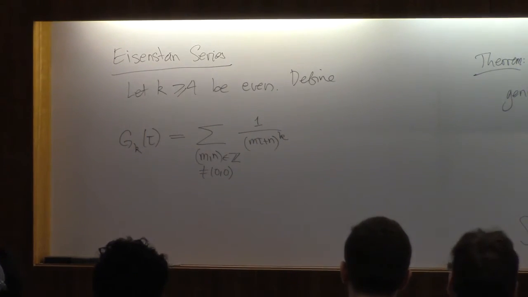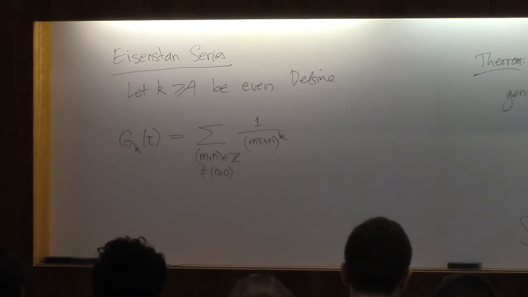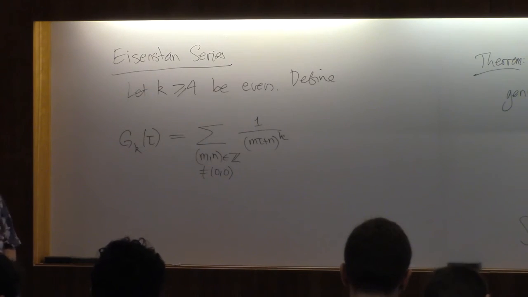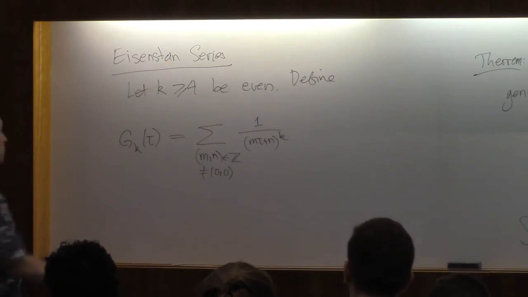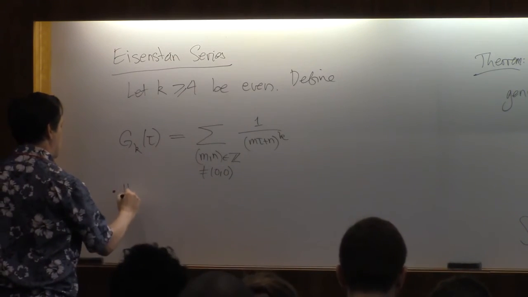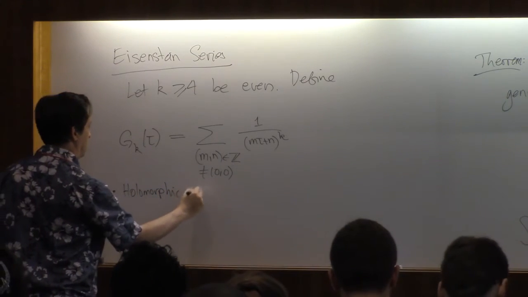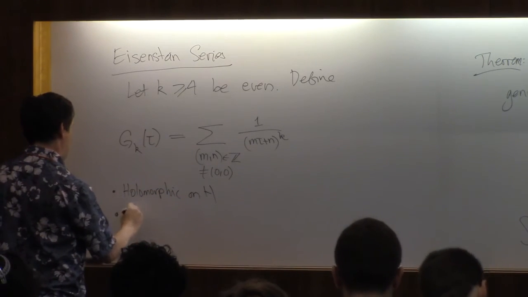Okay, can you see that in the back? Yeah. Okay, so it's an infinite series, and we want to check why it satisfies the conditions that define a modular form. So we need to check that it's holomorphic on the upper half plane.